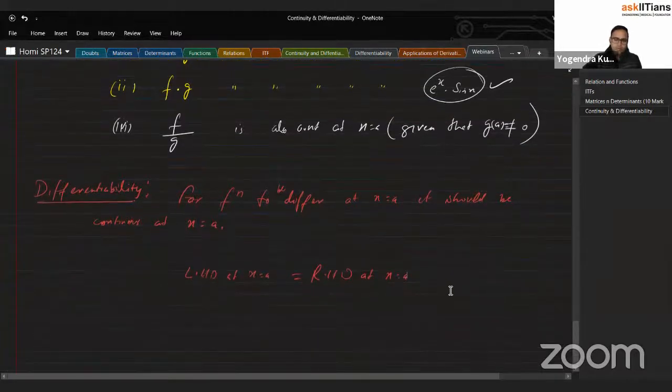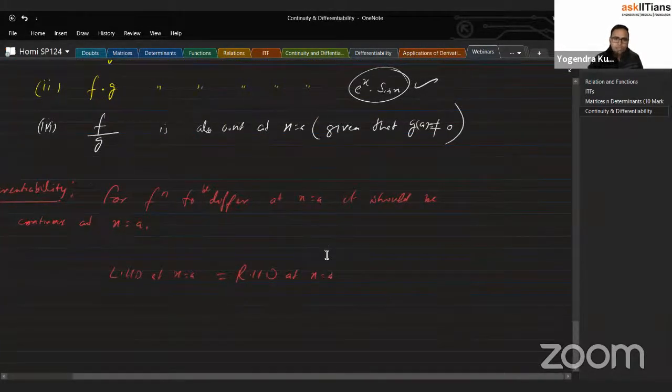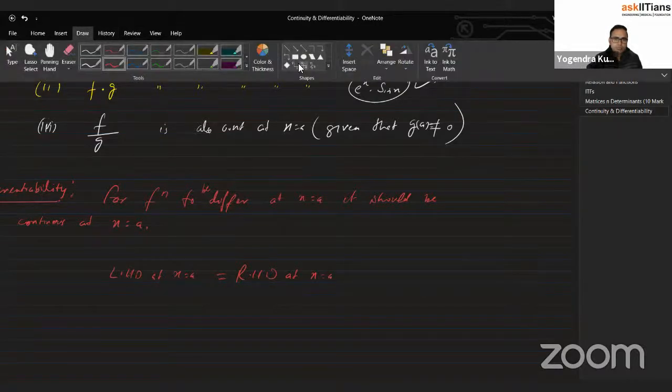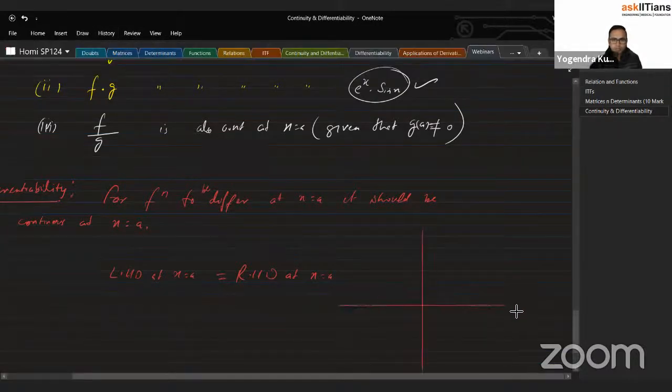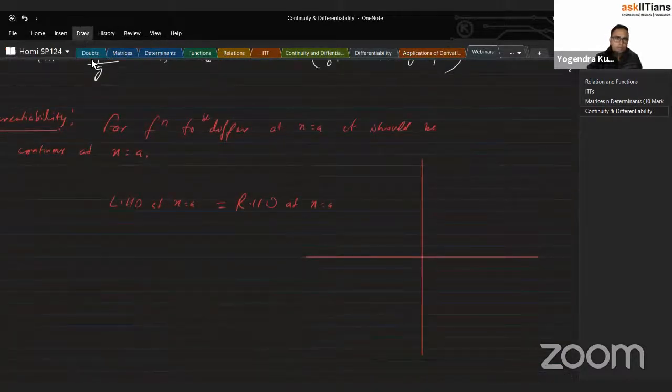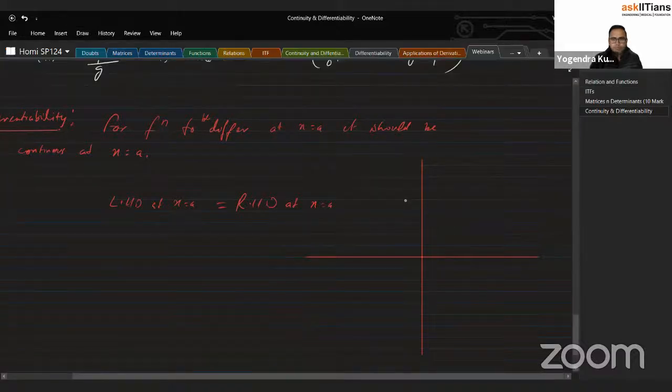Now, how do we understand what LHD is? Let me make a graph quickly. Suppose there is a function like this, and at this point I want to check, this is x equals a.